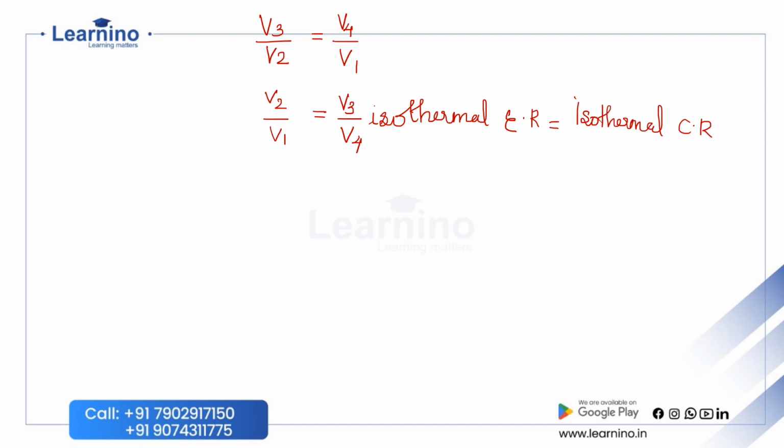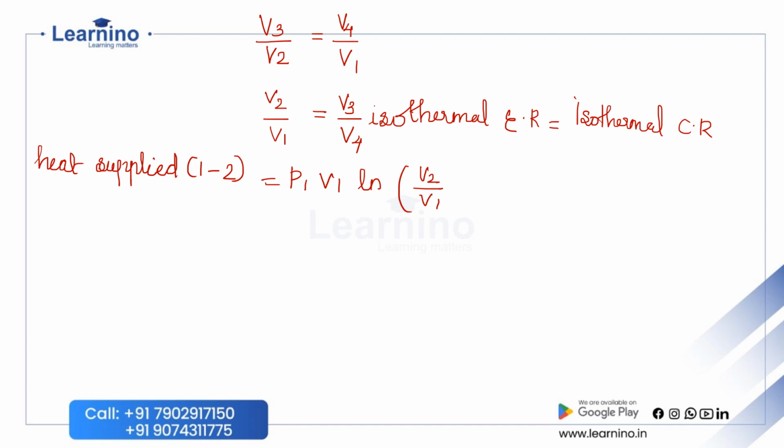So heat supplied during the process 1, 2 can be written as P1 V1 ln V2 divided by V1. And P1 V1 can be replaced with MRT1, so it is MRT1 into ln V2 by V1.